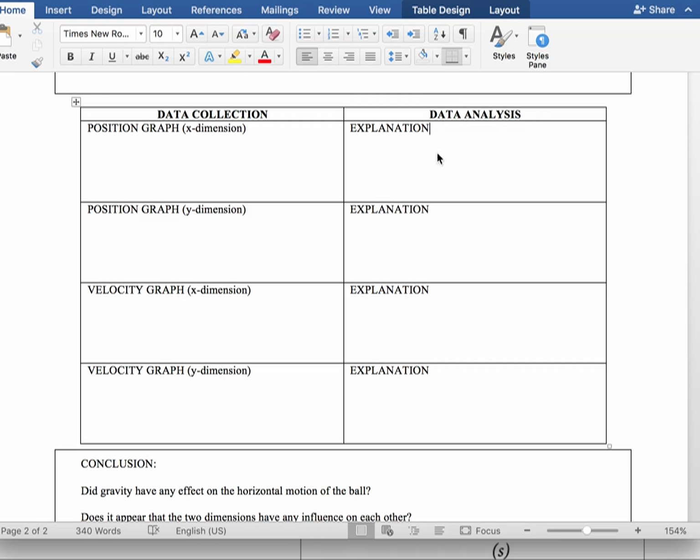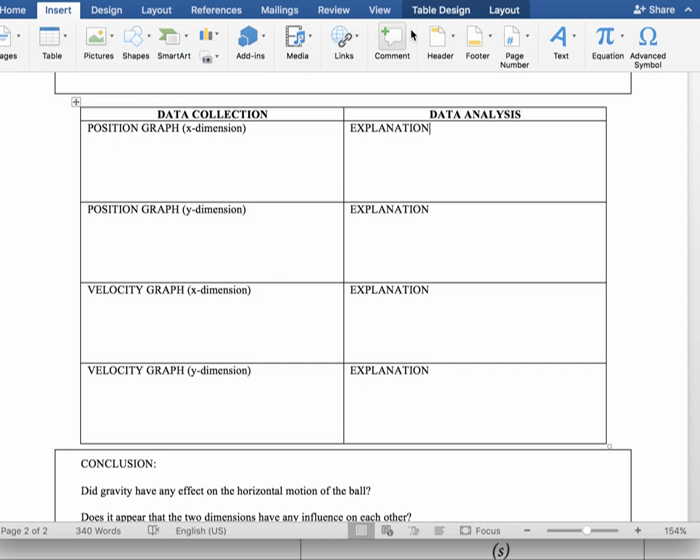So the data analysis column, this is where you're going to get most of your points. I am going to help you with the first graph, but then you are expected to finish the rest of the graphs on your own. So our first graph, let's see here. I'm just really quickly going to sketch it.